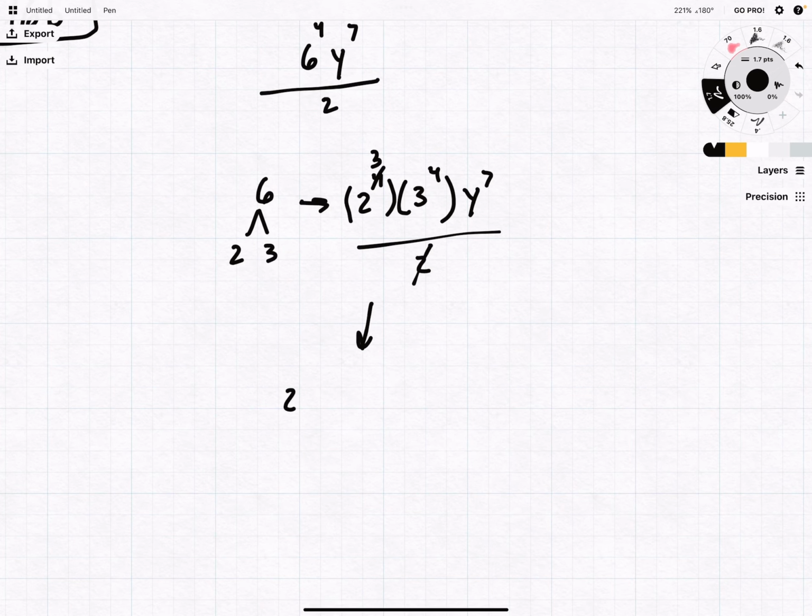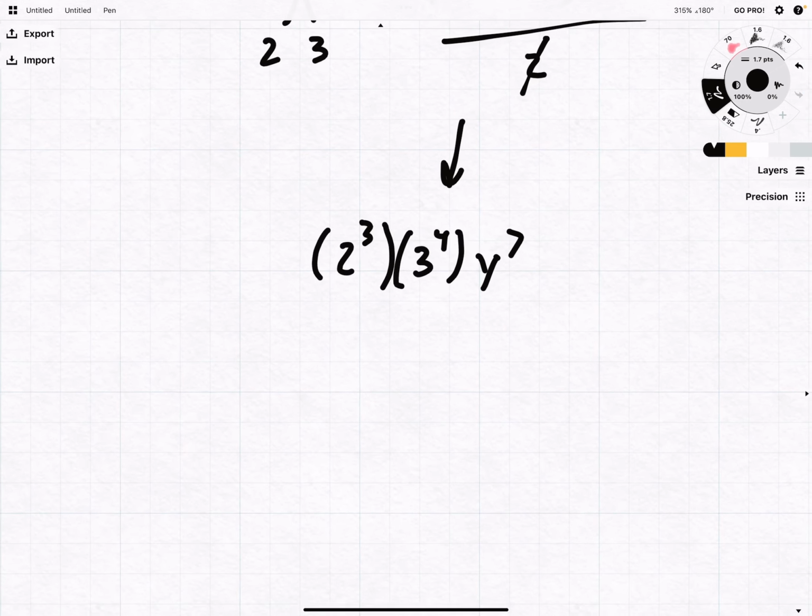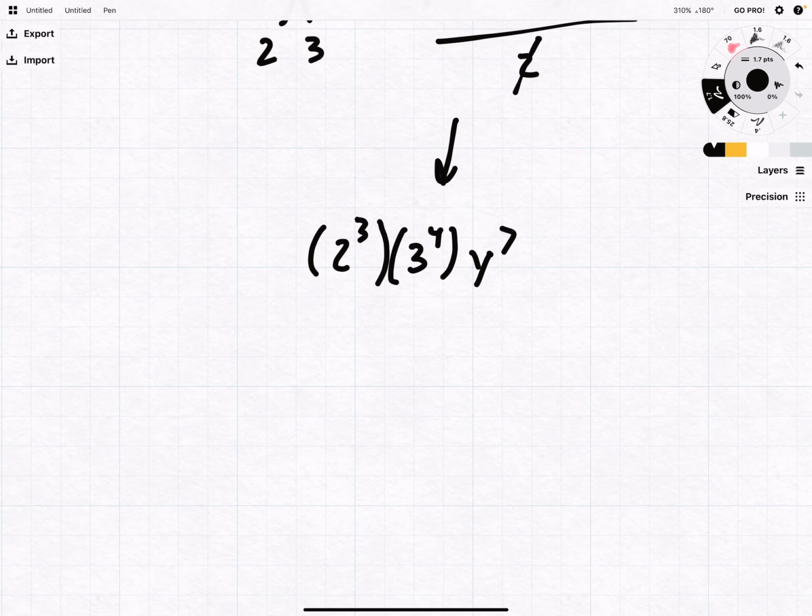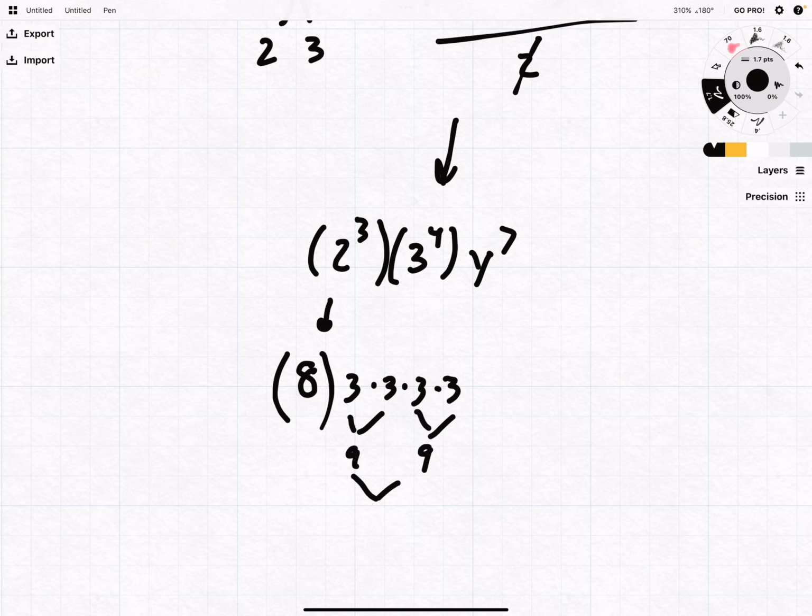This gives us something more manageable to work with. So now we have 2 to the 3rd times 3 to the 4th times y to the 7th. Even though these are still somewhat large numbers, they're much more manageable. 2 to the 3rd is 2 times 2 times 2, so that's 8. 3 to the 4th is 3 times 3 times 3 times 3, which gives us 9 times 9, which is 81, times y to the 7th.